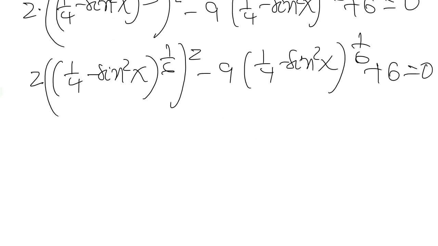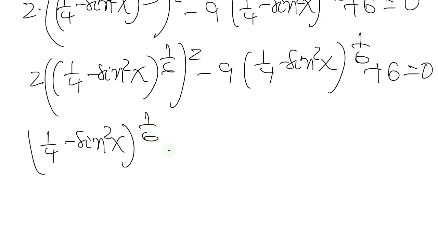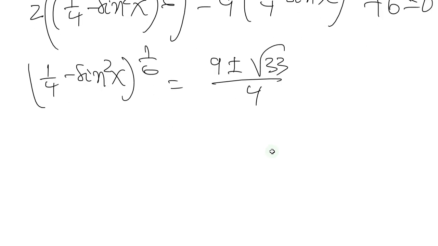So solving this quadratic equation in terms of (1 over 4 minus sine square of x) to the power 1 over 6, we're going to have (1 over 4 minus sine square of x) to the power of 1 over 6 equal to 9 plus or minus square root of 33 divided by 4.